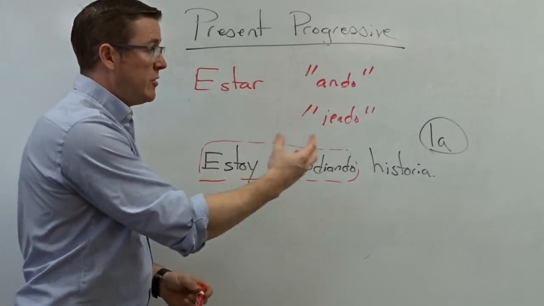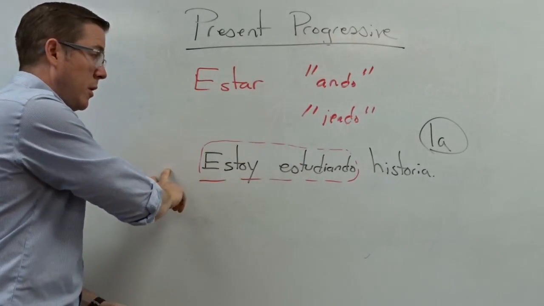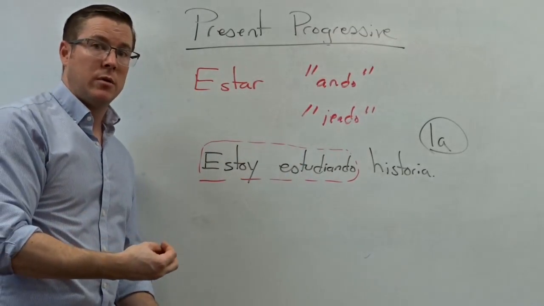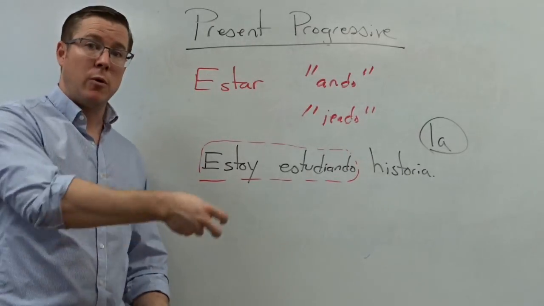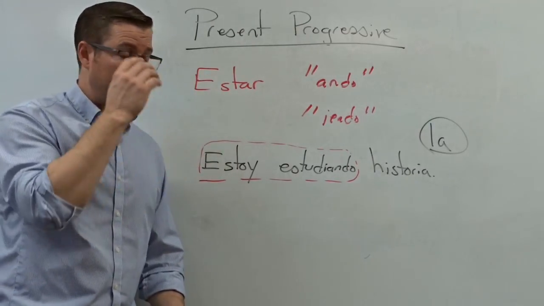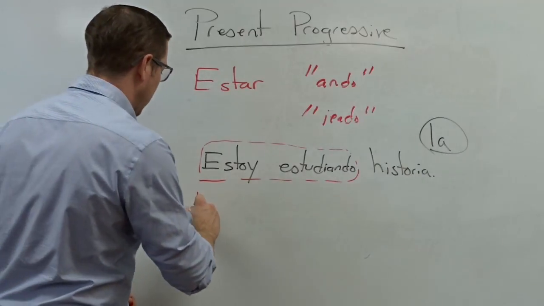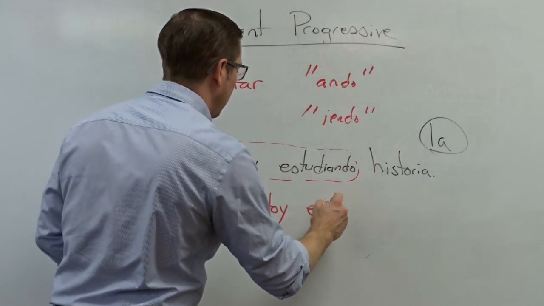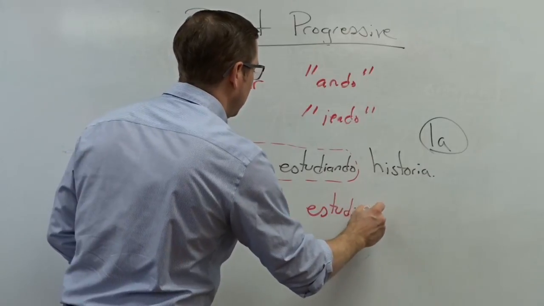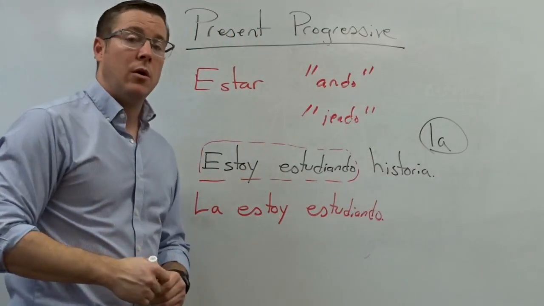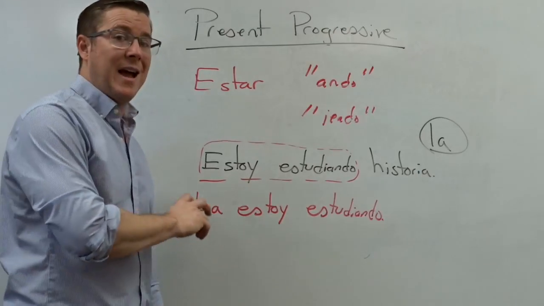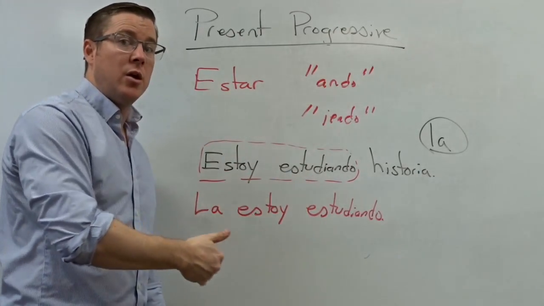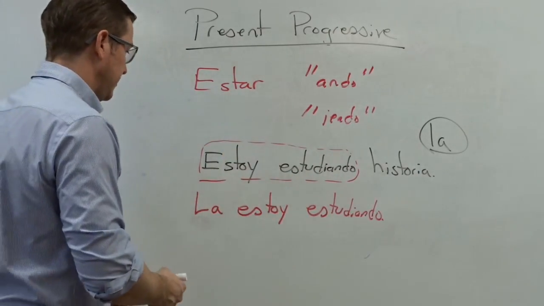We're going to place the object pronoun either before the conjugated verb, in this case before the form of estar, la estoy estudiando, or we're going to place it at the end. We're going to attach it to the participle.